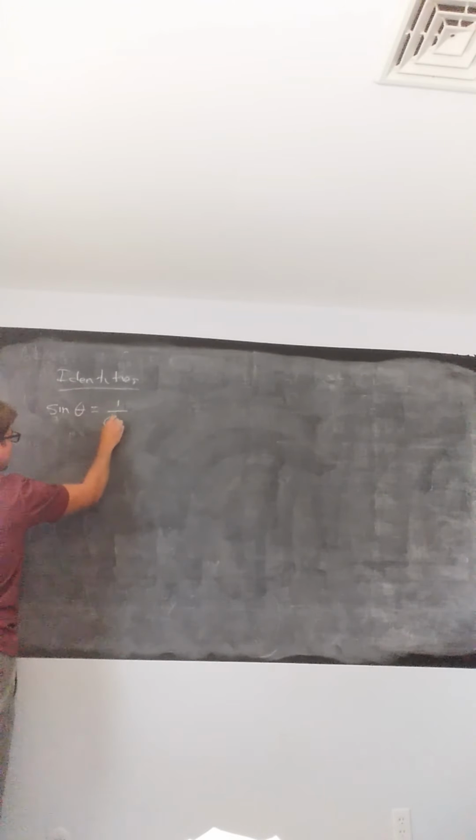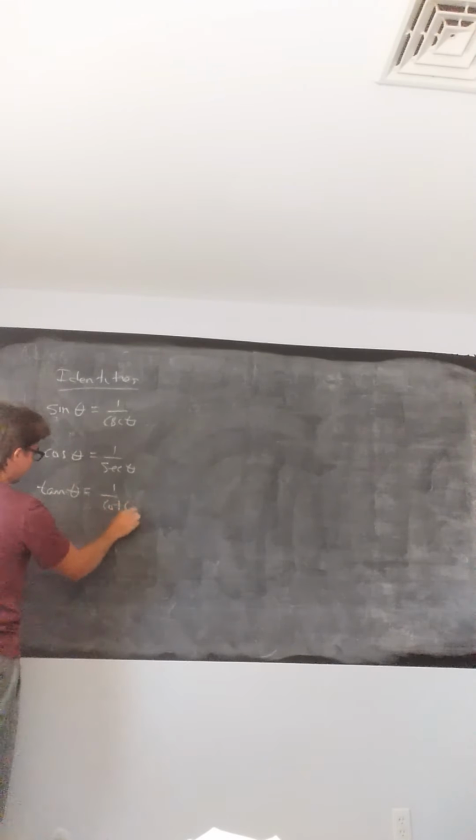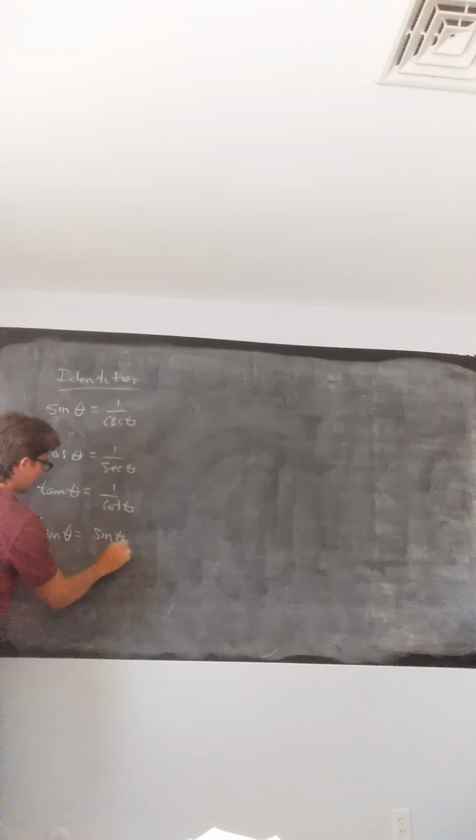We have the basic things. You've got to know the reciprocals, right? So sine of theta is 1 over cosecant theta. Cosine theta is 1 over secant theta. And tangent of theta is 1 over cotangent theta. Now tangent can be written as sine theta over cosine theta.